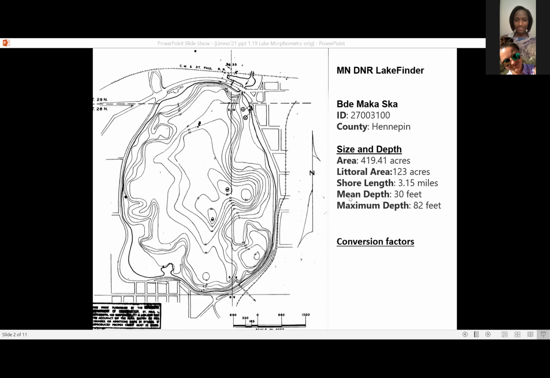All right. So the first thing we want to do is look at the Makaska and convert these units to the other units. Like I said, limnologists have to use both English units, miles, acres, and feet, and scientific units, meters and hectares and square meters and kilometers.